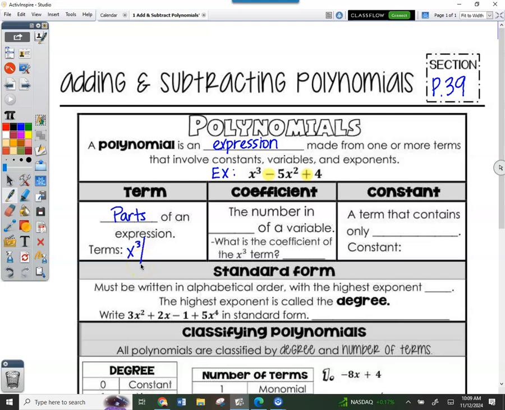The next term is, carry the sign with it, negative 5x squared. The next term, draw a slash, is positive 4. Notice I didn't put the plus sign because it's understood positive. So there's 3 terms there, and you identify them based on the signs. The signs separate the terms.